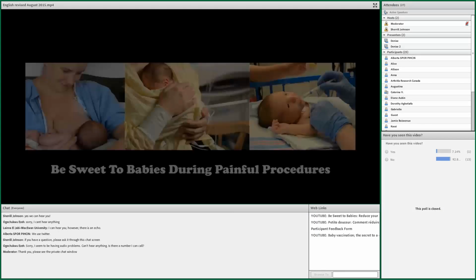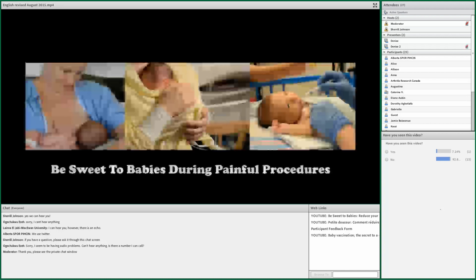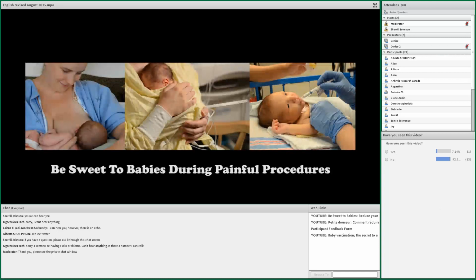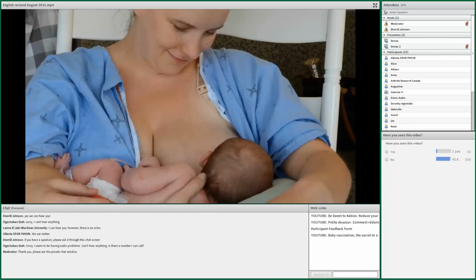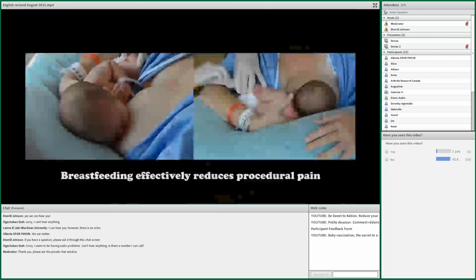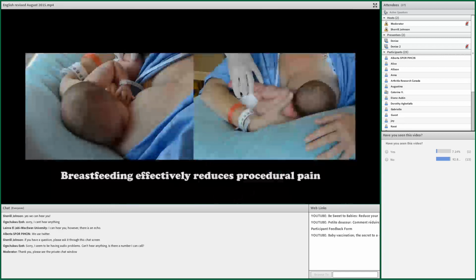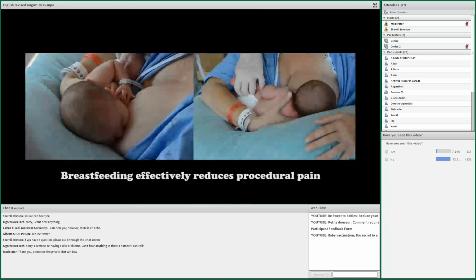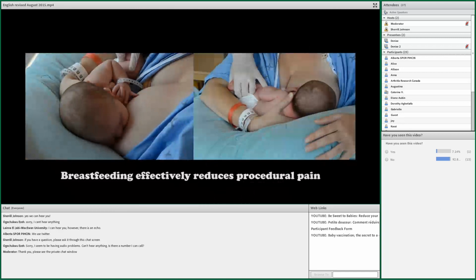When babies need to have blood tests or injections, there are things that we can do to help reduce pain during these procedures. 3 things are most effective: breastfeeding, sugar water, and kangaroo care, also known as skin-to-skin care. Breastfeeding can provide much more than nourishment to babies. It can also help reduce their pain and distress from blood tests. As you can see in this video, the nurse pricks the baby's heel for the blood sample while the baby is breastfeeding.